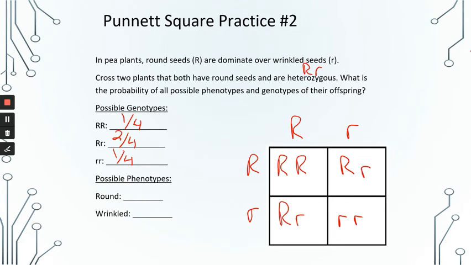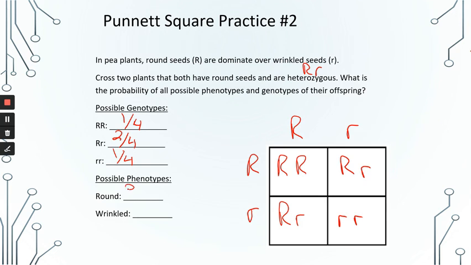Okay. And so now I need to do the possibility of the phenotypes. So the offspring can either be round or wrinkled, or have round or wrinkled seeds. And so in order to have round seeds, I need to have one or more dominant alleles in their genotype. So I see that in the top 2 boxes and the bottom left box, those all have at least 1 or 2 capital R. So there's 3 boxes that have that phenotype.